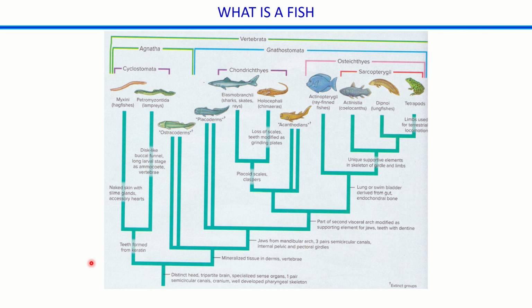Then if you want to look at the difference between, so these ostracoderms and placoderms are extinct, so we're not too worried about them. We want to focus on what's living. Part of the second visceral internal arch modified as supporting elements for the jaws with teeth. So that's where the jaws come in. Can you see here? So all of these are now the gnathostomata.